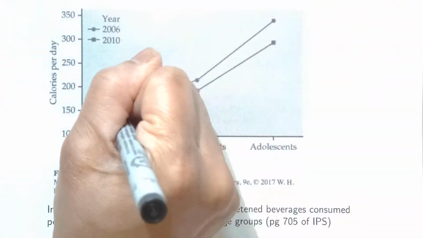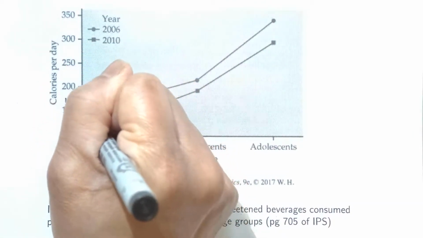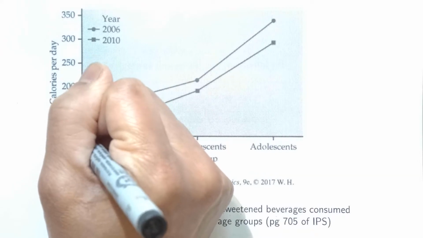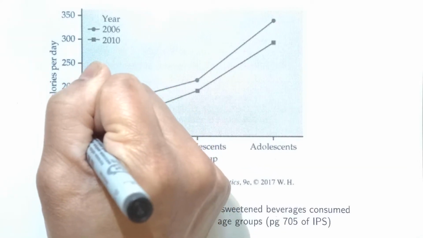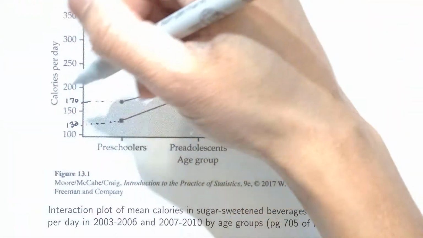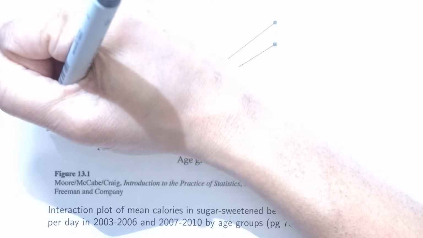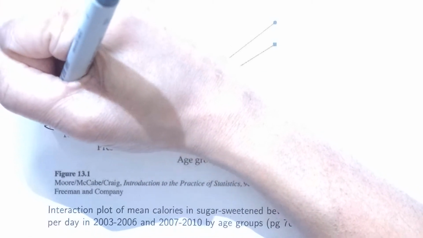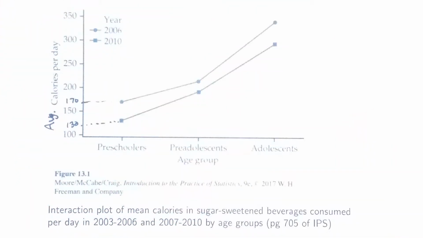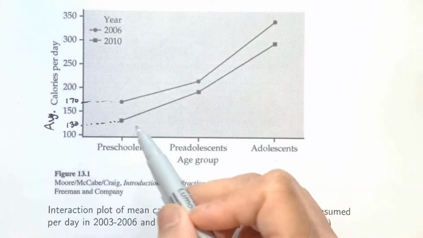If I plot this across, that's about 170, and for this group, it's 130. Technically, this is taken right out of your textbook, but I think it's better to say average or mean calories per day. That's being more precise.